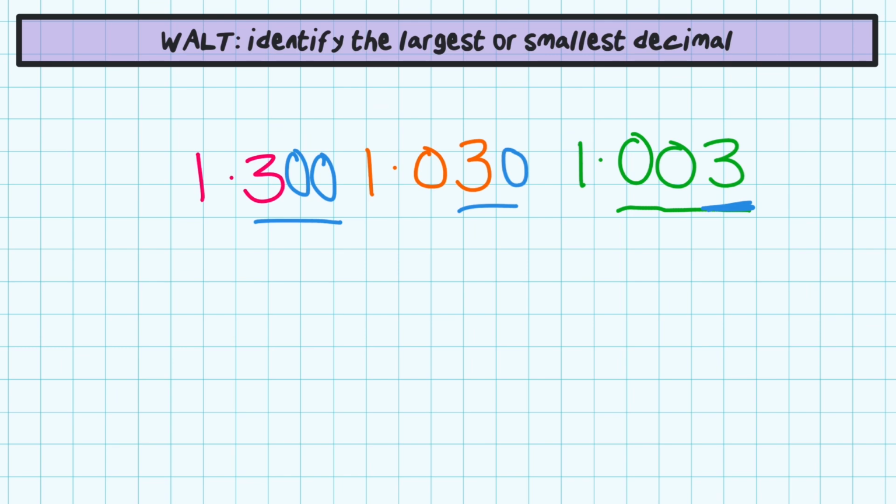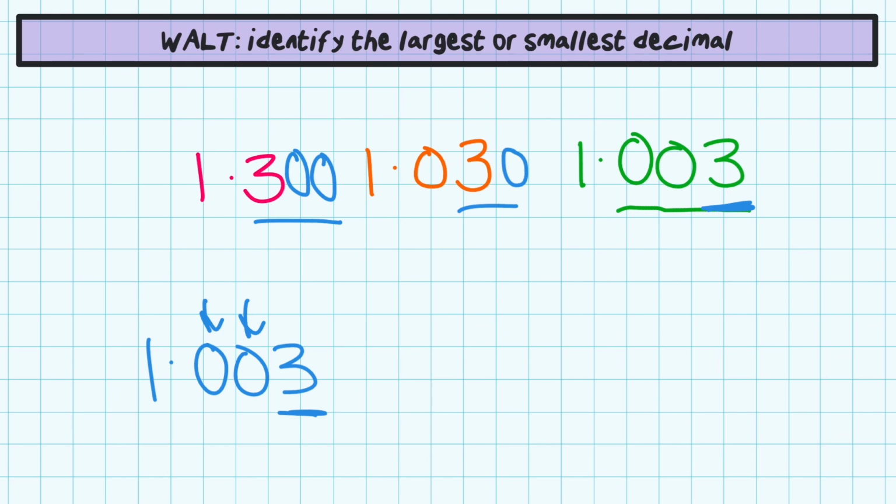So which number do you think would be the smallest now? You're probably going to think, okay, that green number is going to be our smallest number. We have 0 tenths, 0 hundredths, and 3 thousandths. And thousandths are really small. You're breaking up one whole into 1,000 pieces, and it's only got 3 of them.